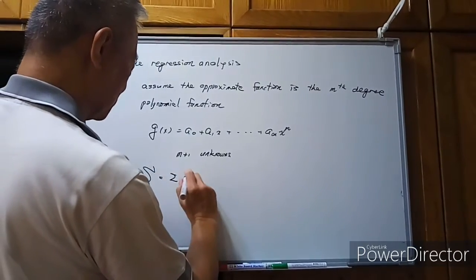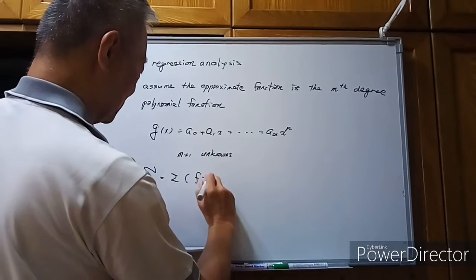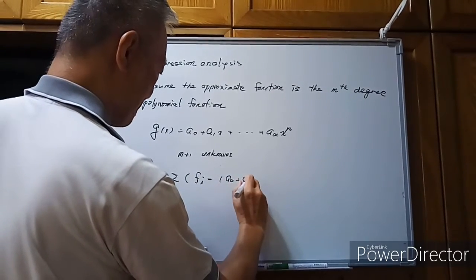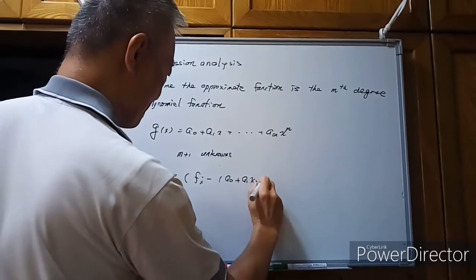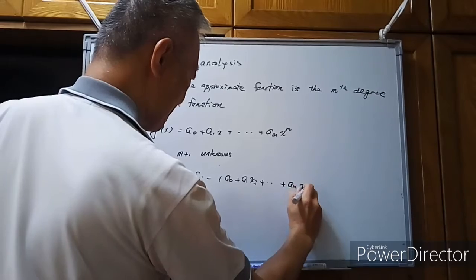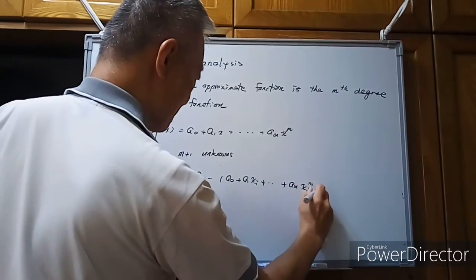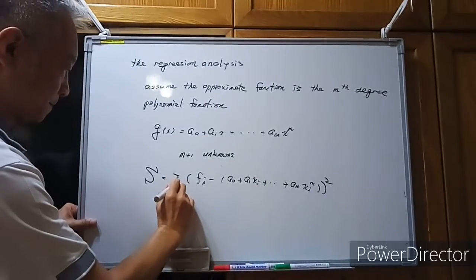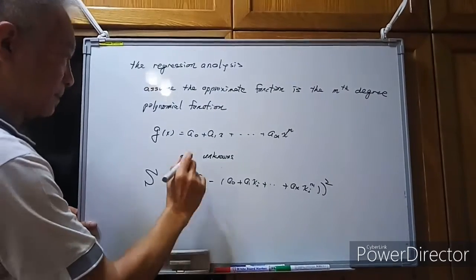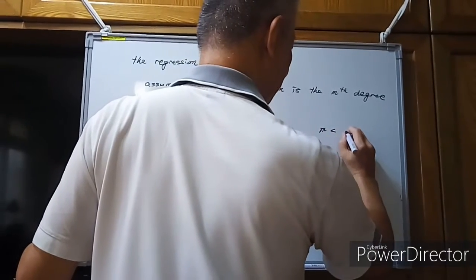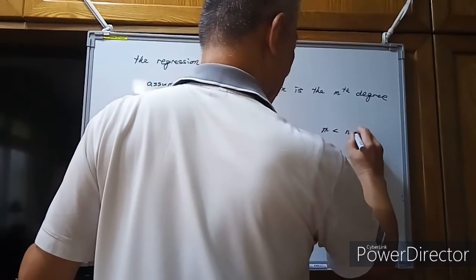and we know the capital S is equal to the summations of fi minus g of xi squared. And the m should be less than n minus 1.